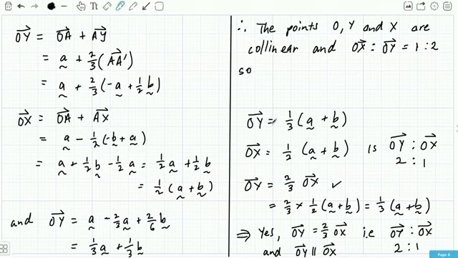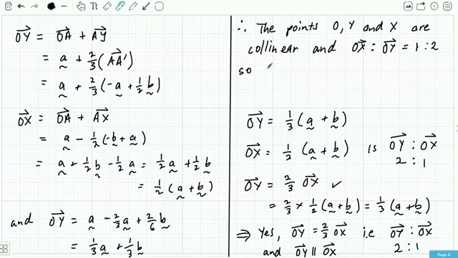So what we've shown is what we meant to show, which was that the three medians, all of those points, so for example, OYX, BY, B dash, and AY and A dash, they all lie in the same line, they're all collinear, and they're all in that 1 to 2 or 2 to 1 ratio.